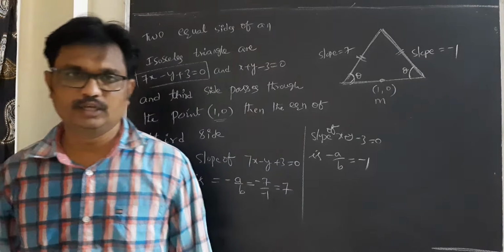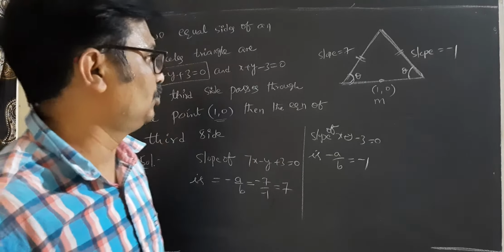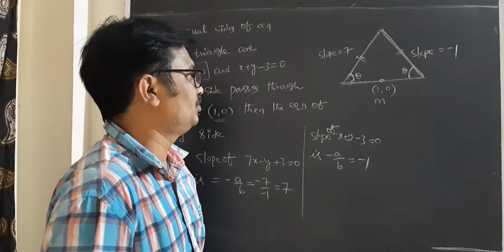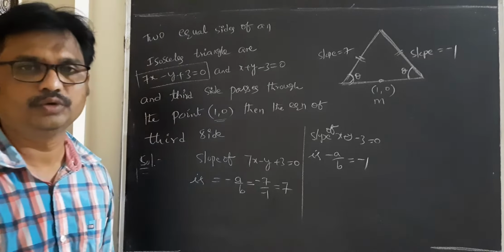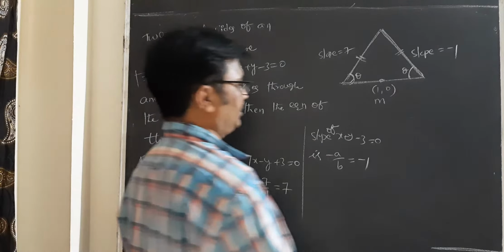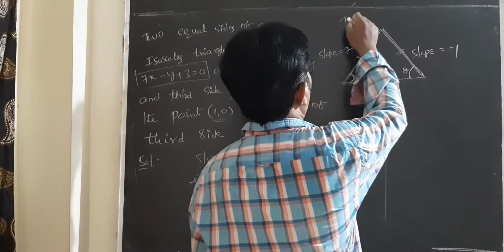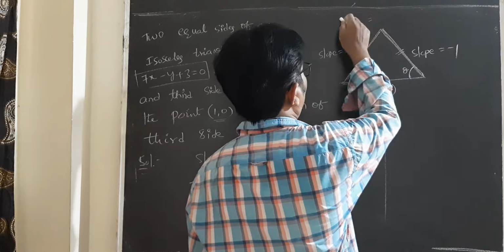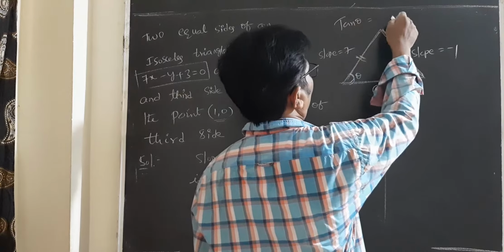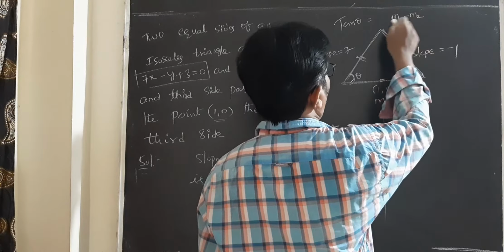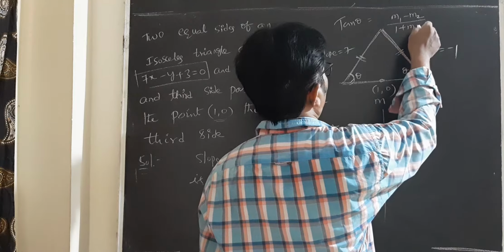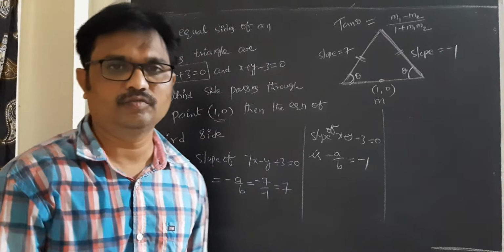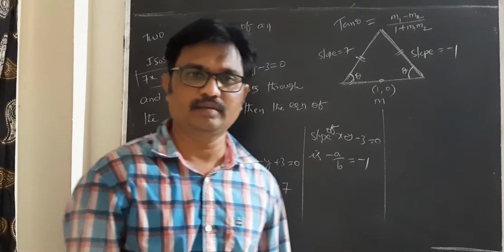Now students, if we know the slopes of any two lines, then the angle between them is given by tan theta equals m1 minus m2 by 1 plus m1 m2. This is the formula of tan theta.